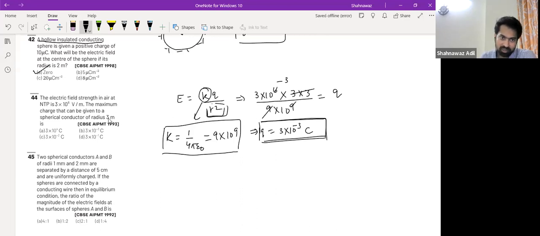R is 3, so 3 square, 3 into 3, right? So don't forget about this poor guy, radius. This guy didn't do anything to you, right? Okay, so Aisha, clear? Yes, sir. Yeah, so this option is correct.